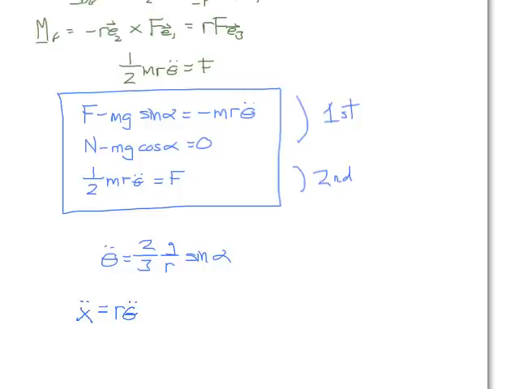And we got this from applying the no bounce, no slip condition. And so we could express this equation of motion, instead of theta double dot, in x double dot, so that x double dot is equal to 2/3 g sine alpha. So this is an alternative form for this equation of motion, in which we would only be concerned about the linear acceleration along the inclined plane.